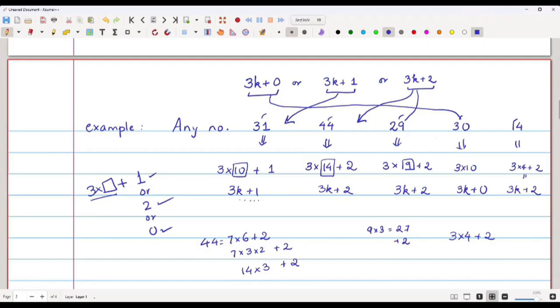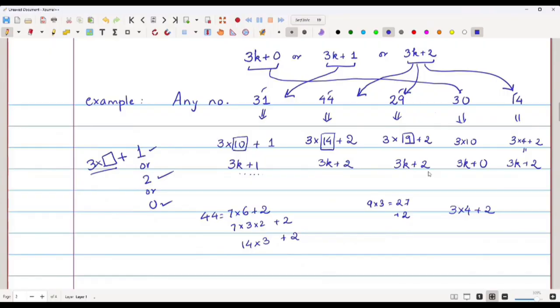Similarly, 29 is of the type 3k plus 2, and 14 is of the type 3k plus 2. So any number will fall in one of the three categories: 3k plus 0, 3k plus 1, or 3k plus 2. Okay, this is the exercise we want to actually now solve.